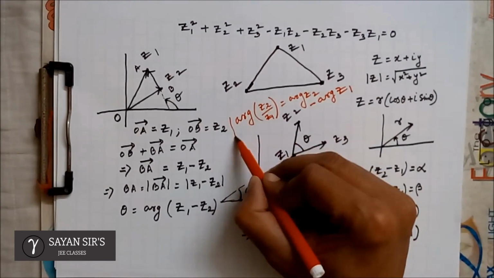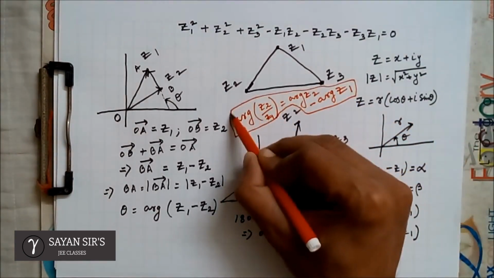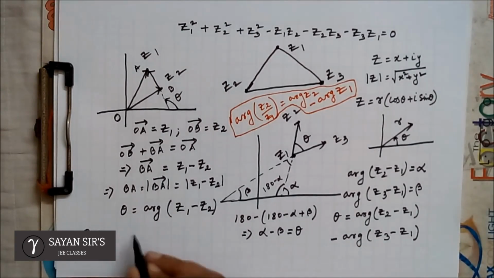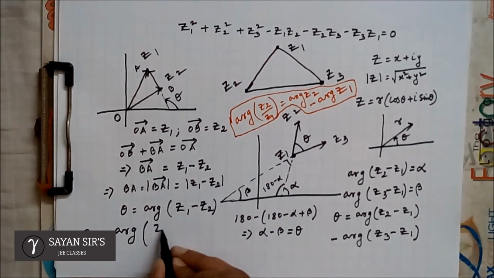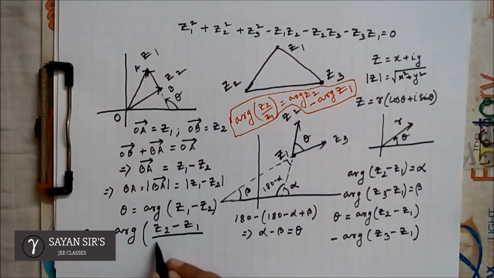So using this property, here theta becomes argument of Z2 minus Z1 divided by Z3 minus Z1.